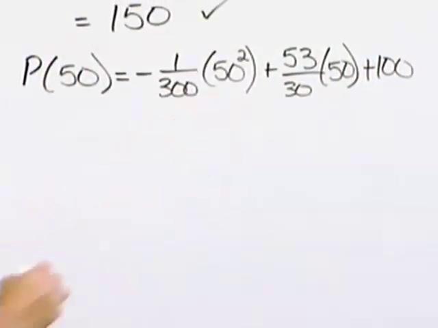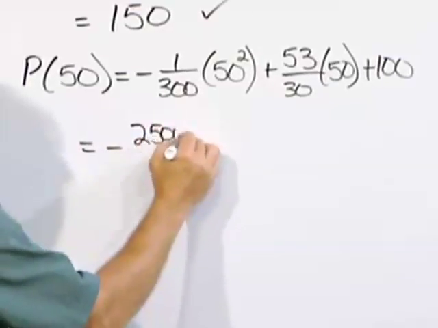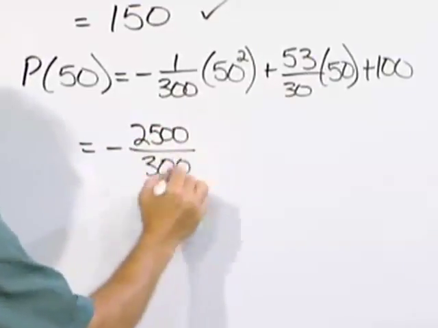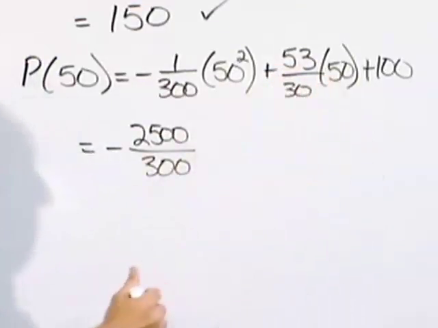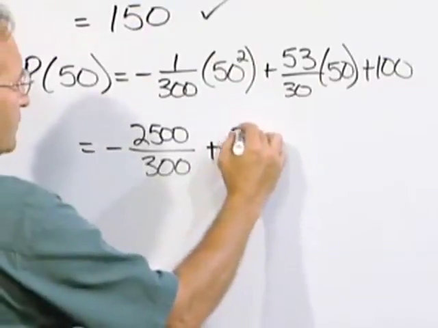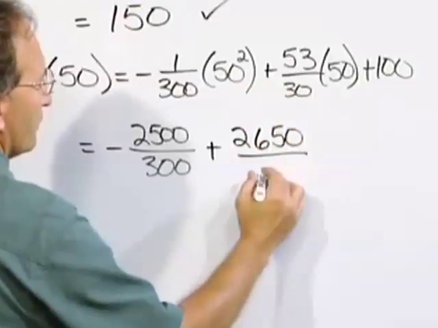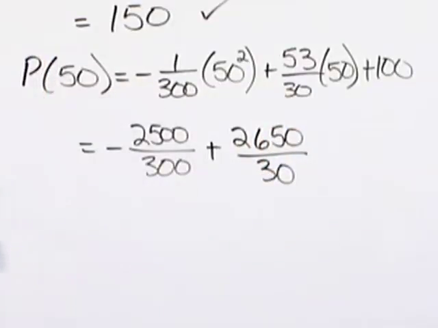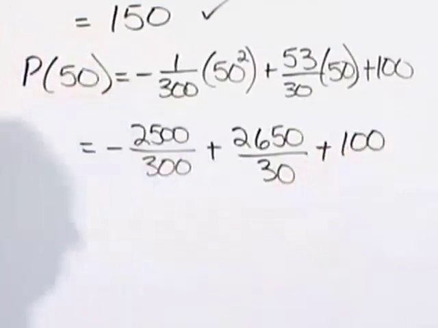Now 50 squared is 2,500, so we have negative 2,500 over 300. Then we have 53 times 50, and that's going to yield us 2,650 over 30. Then we have plus the 100.